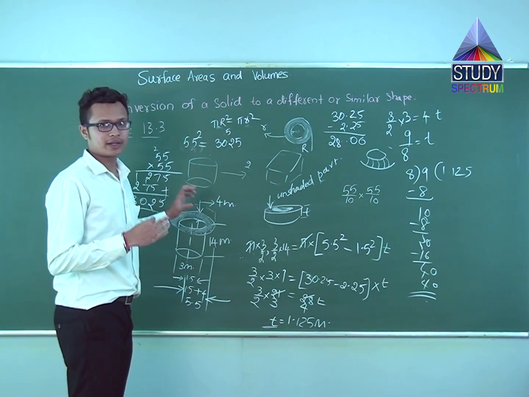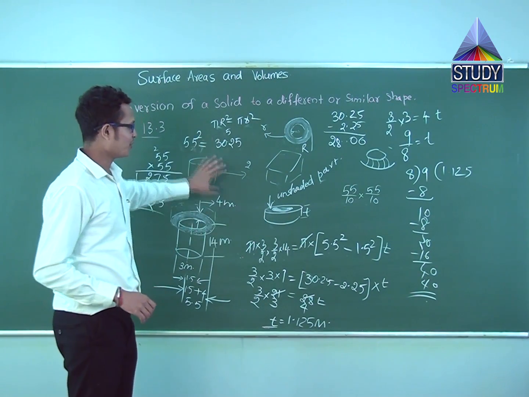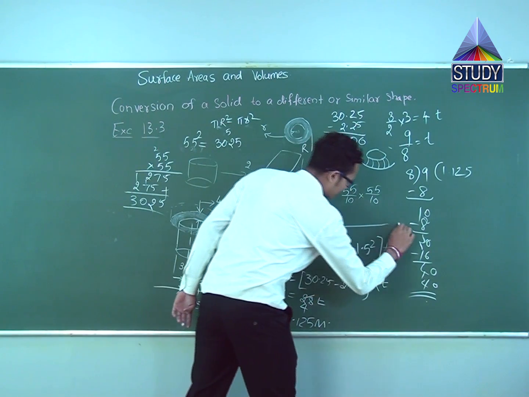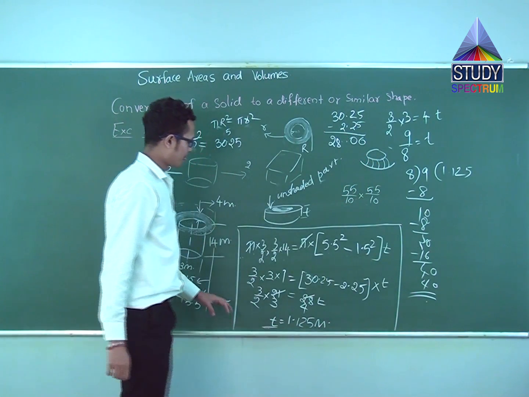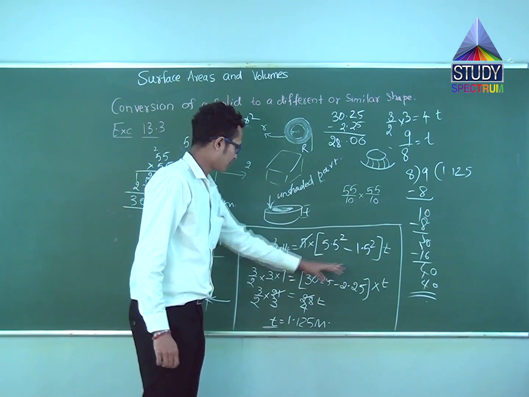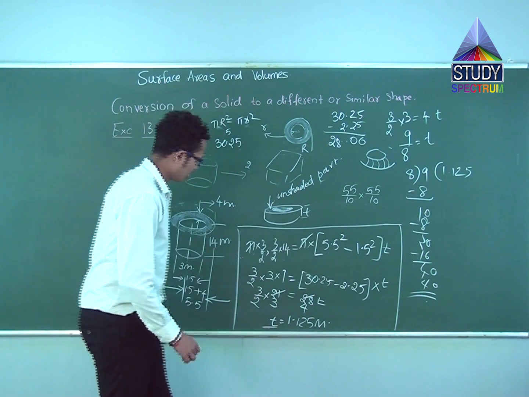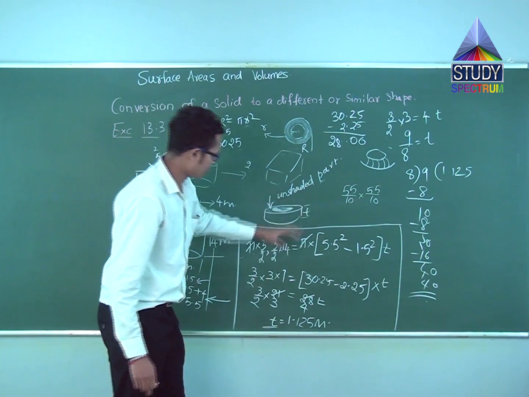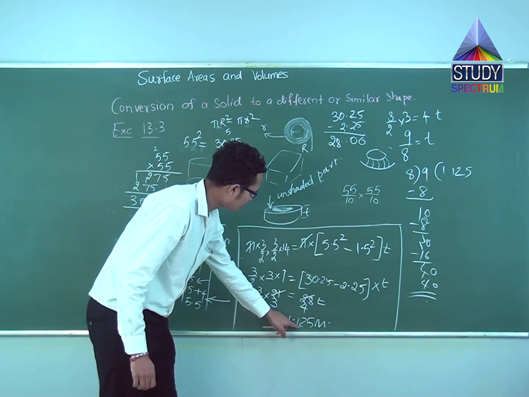What I've written is looking very clumsy, so I'll just tell you where is what. Now this entire thing is the law of conservation of volume. I've written volume of the cylinder is equal to volume of the ring. I've explained this before, and I've substituted and got the values. Now the rest is all explanation. How do we get this T is equal to 1.125?